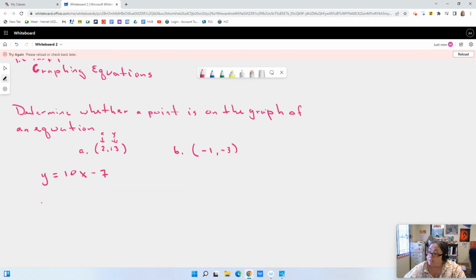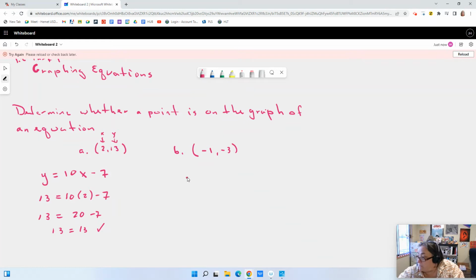So y is 13, equals 10 times x, and x is 2, minus 7. If we get back a true statement, then it's true. 10 times 2 is 20 minus 7. Well, that's 13 equals 13. So this is true, which means that this point would lie on the graph of that equation.